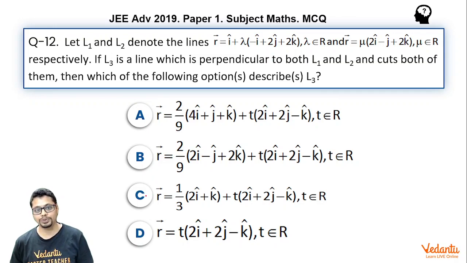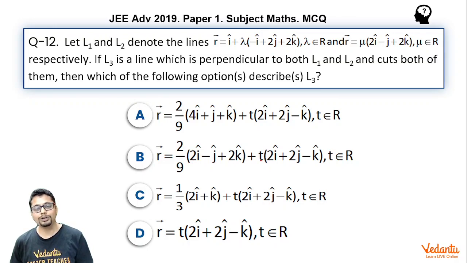Let's check option C. Here in option C, the j cap component is not there. So is this point lying on line L3? Let's check. For example, you may consider this B option equation, and let's try to make the coefficient of j cap 0 by appropriately taking the value of t. So here I am having minus 2 by 9 j cap.